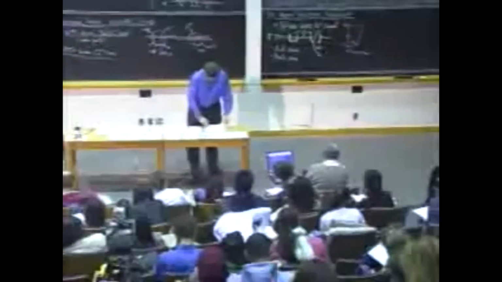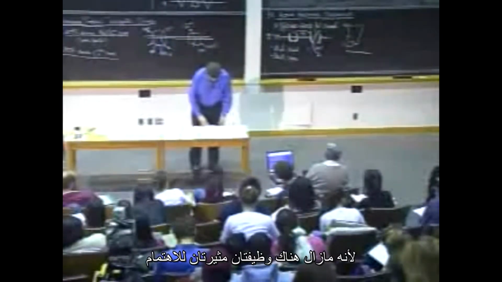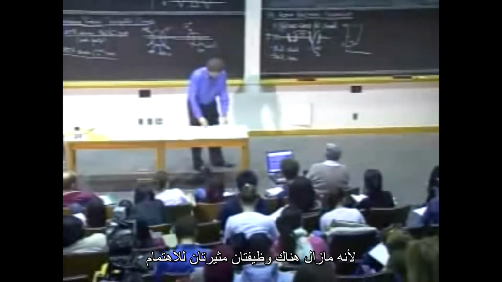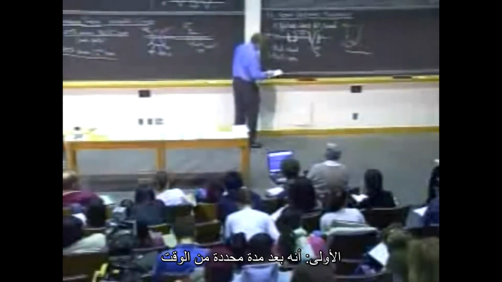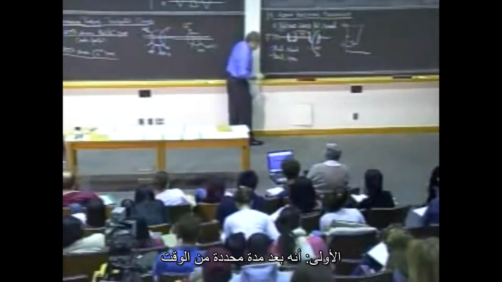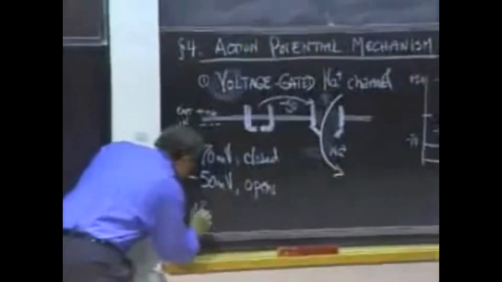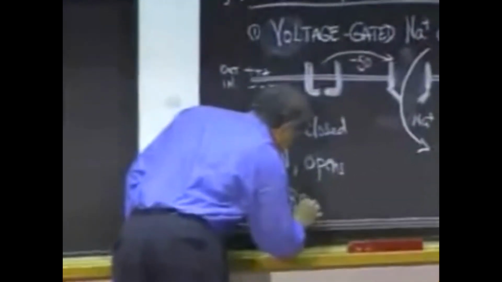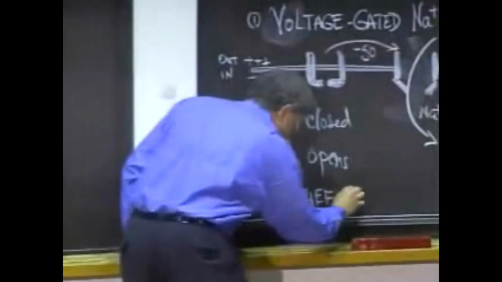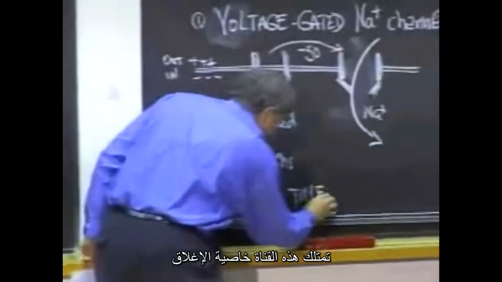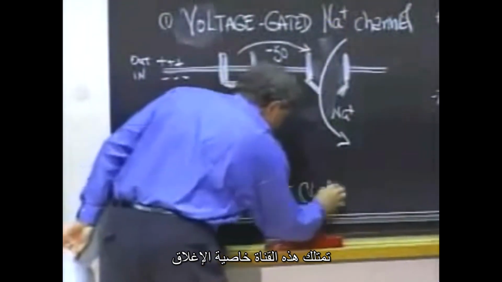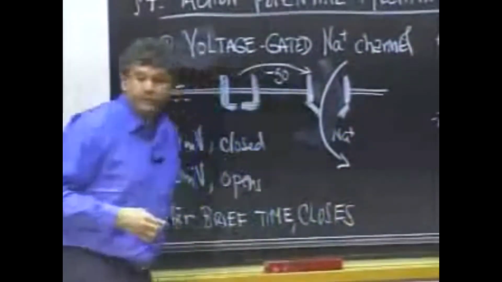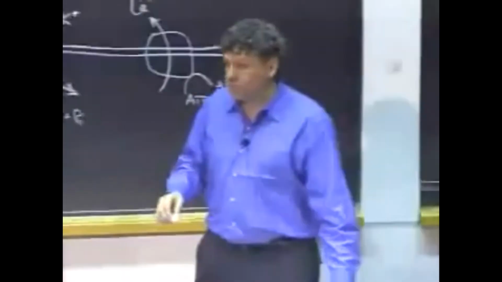But that's not the end of the story, because there are two other interesting functions. After a very brief time interval, this channel also has the property that it closes. So now when it closes, what's going to happen?